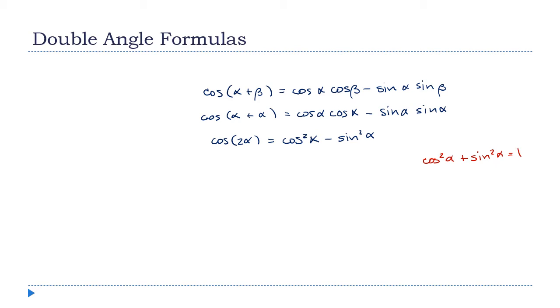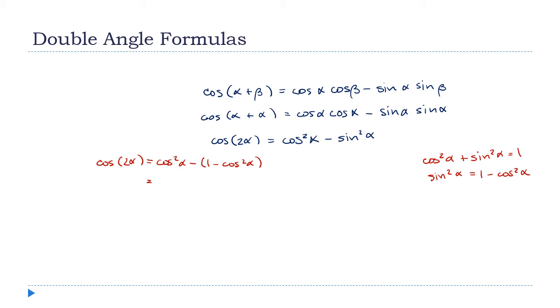Well, that means that sine squared alpha equals 1 minus cosine squared alpha. How about if I put that into my formula? Then this becomes cosine 2 alpha equals cosine squared minus, and mind the parentheses here, 1 minus cosine squared.